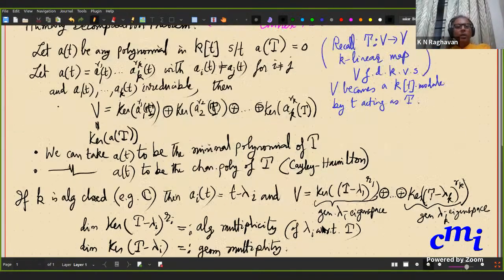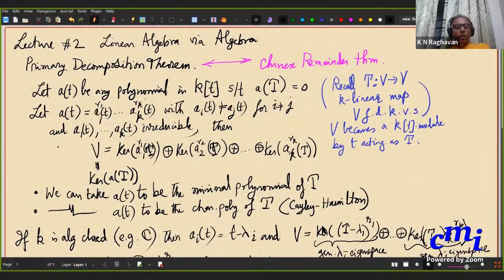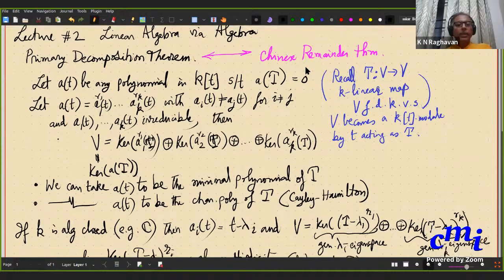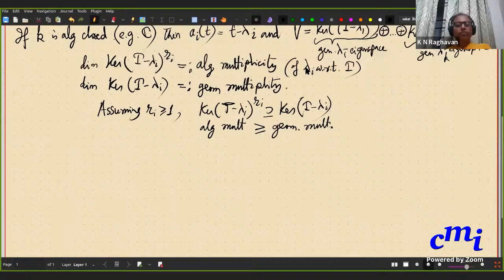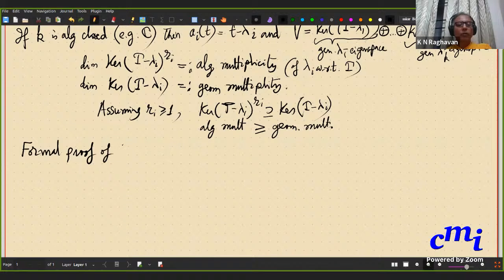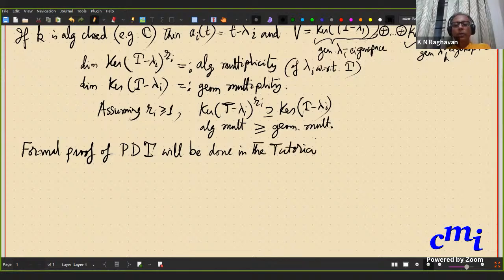So last time I made some general comments about how this is related to the Chinese remainder theorem. But in any case, a formal proof of this primary decomposition theorem will be explained in the tutorial sheet that I'm going to distribute right after this lecture.